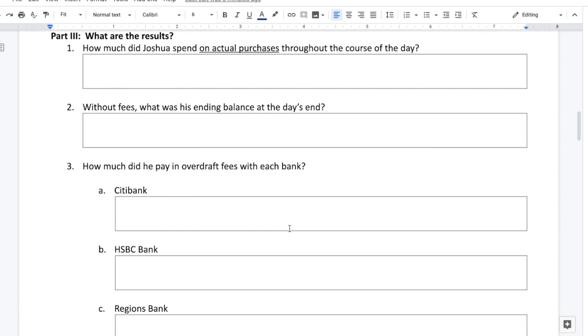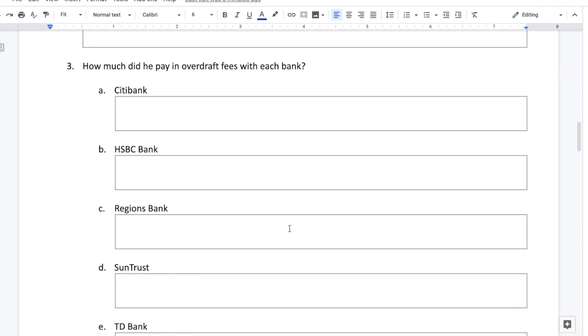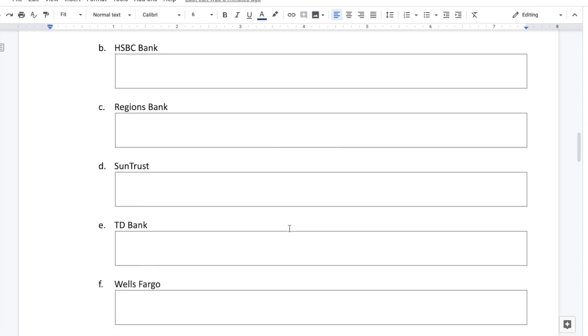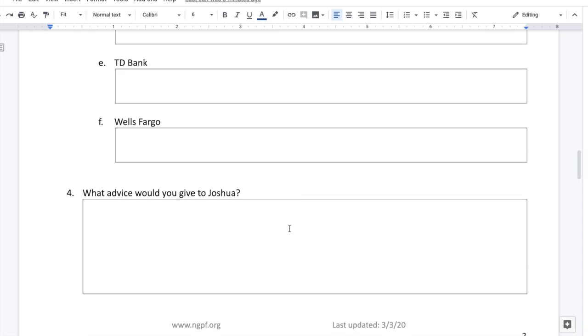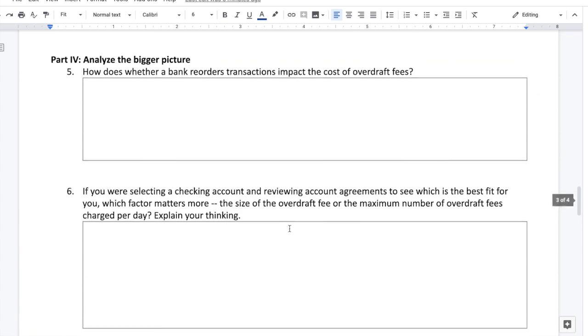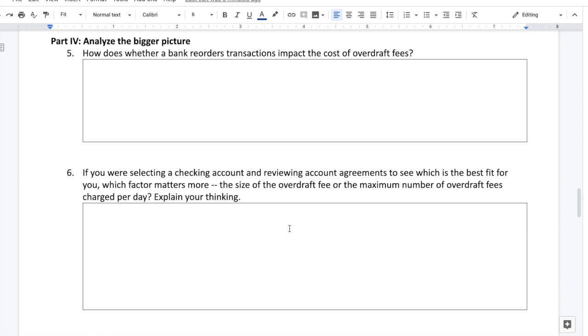For part 3, you're going to use the calculations that you did for part 2 and just write them down. So for example, how much did Joshua spend on actual purchases throughout the course of the day. We're going to do that together right now. And then we're going to also do two calculations from two banks. So for part 4, you have to analyze your findings from the previous parts and then just write it down.